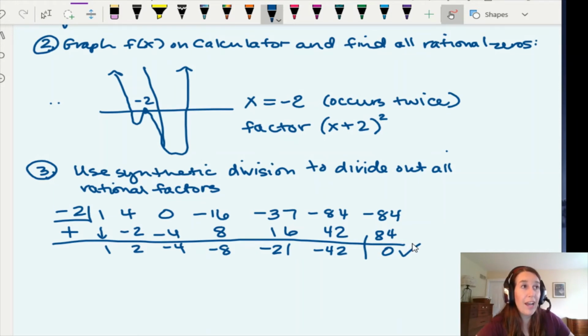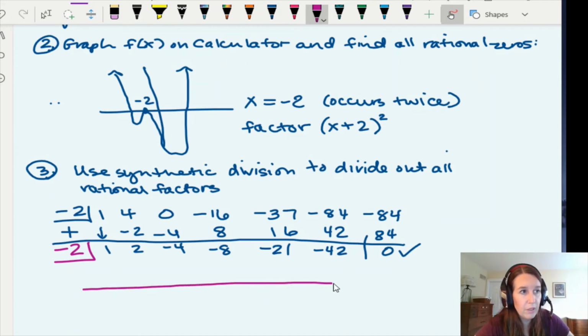Okay, so now here is the new crazy part in this problem that you really want to pay attention to. So since x equals -2 occurred twice, that's actually 2 of our zeros. Like one zero is x plus 2, or one factor, and the other factor is also x plus 2. So we can divide x plus 2 out again, and we don't need to start over. We want to start with our already reduced polynomial.